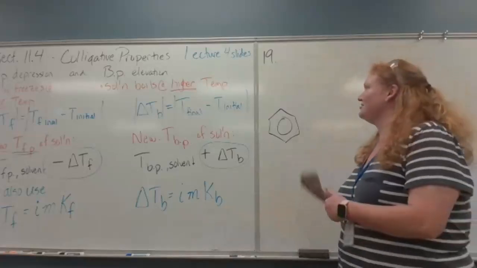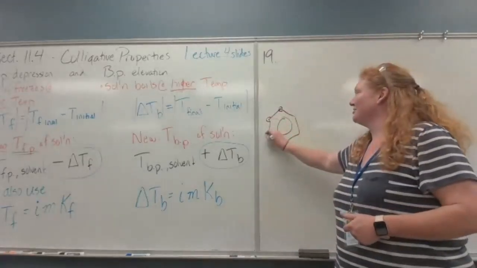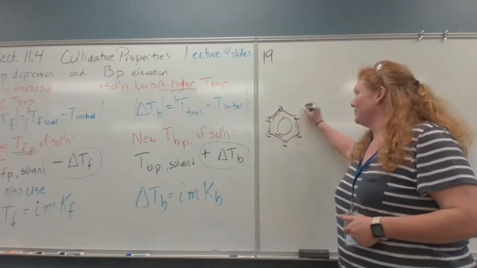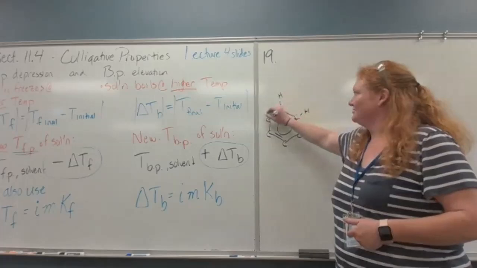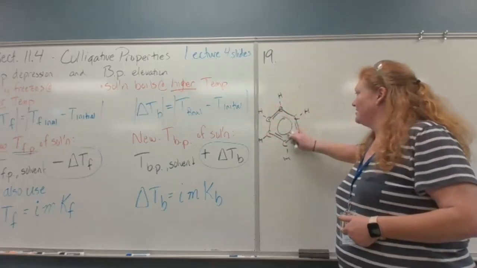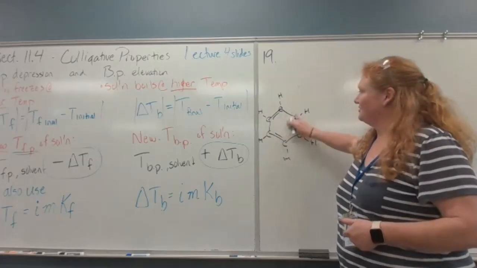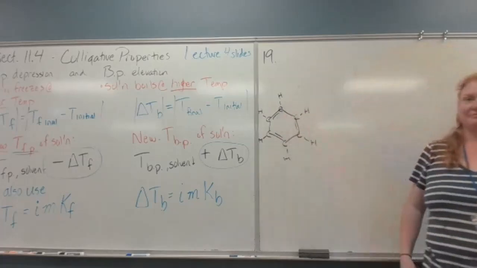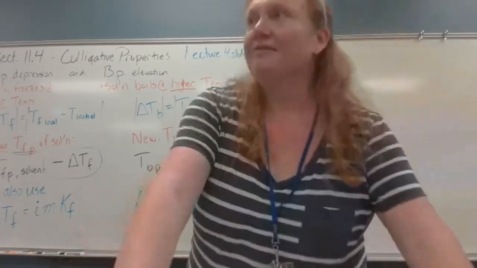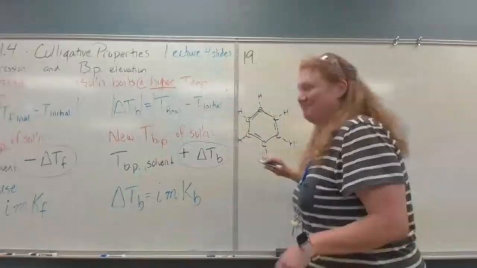There's a carbon, a carbon, a carbon, a carbon, a carbon, a carbon, double bonds, and a hydrogen on each. Actually, this circle in the middle is an even shorter way to draw it. That's benzene. Do you need to know that? Not right now. Maybe at the end of the semester.